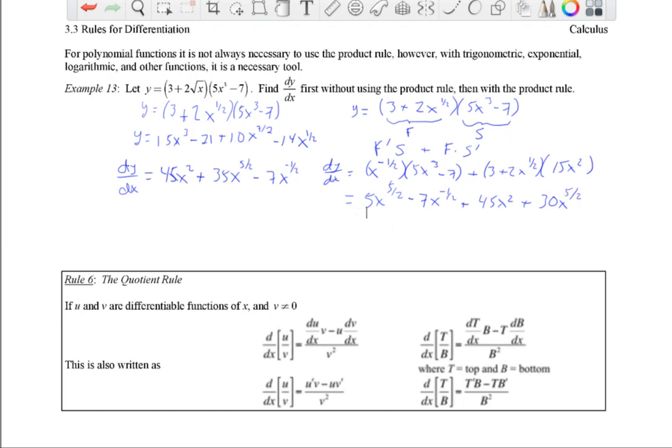And then go ahead and combine our like terms and we will get, rearrange it, 45x squared plus 35x to the 5/2 minus 7x to the negative 1/2. Now let's see, yes, these are the same, which is what we need.